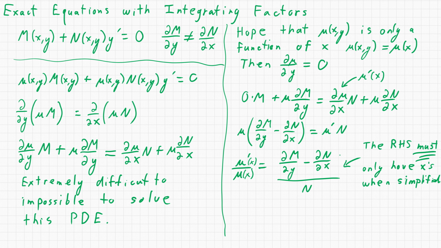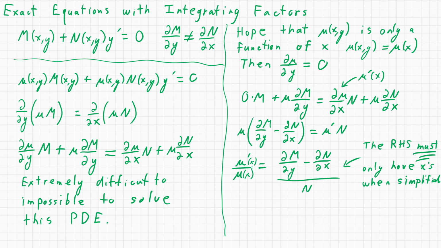But this is actually not a very difficult ordinary differential equation to solve, as long as we have x's over here. If we integrate with respect to x, the integral of mu prime over mu dx is just the natural log of the absolute value of mu of x.